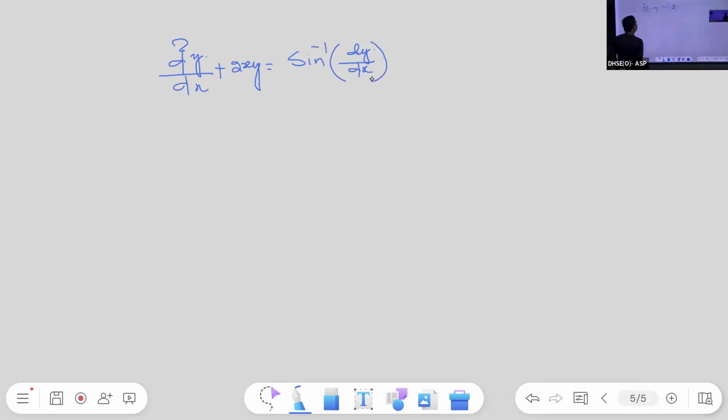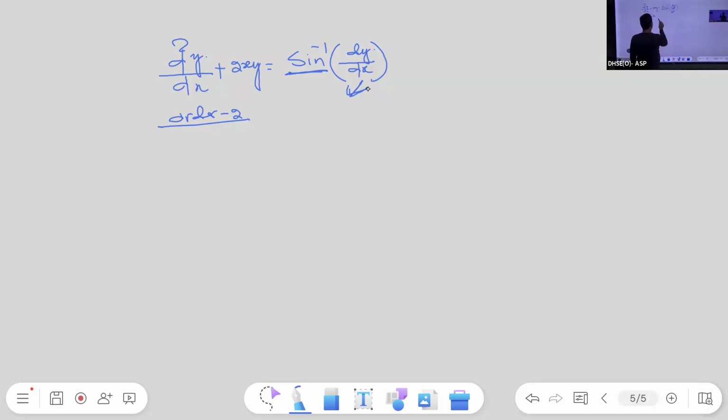Here the order of the differential equation is 2, but degree cannot be determined because here sine inverse is a transcendental function. dy upon dx is an input element for sine inverse x, otherwise known as argument. So its degree doesn't exist. Okay.